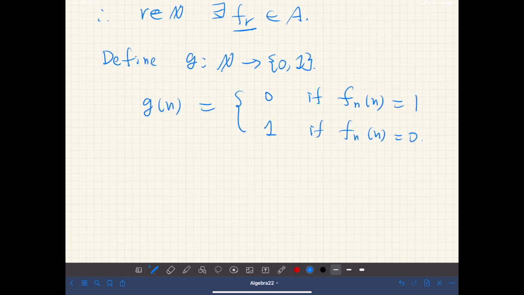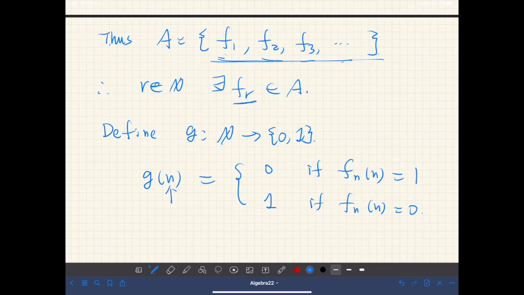If we specify this natural number n, there is always a mapping in this set A called fn. Since fn is a mapping from natural numbers to {0, 1}, we can feed this n itself. This n and this n are the same n. If this mapping f happens to return 1 for this value of n, then we define g(n) to be 0.